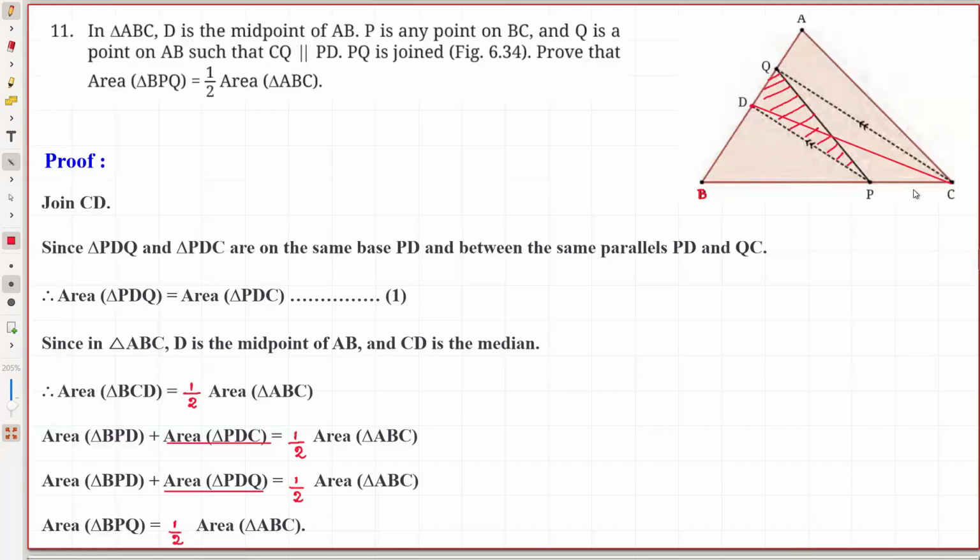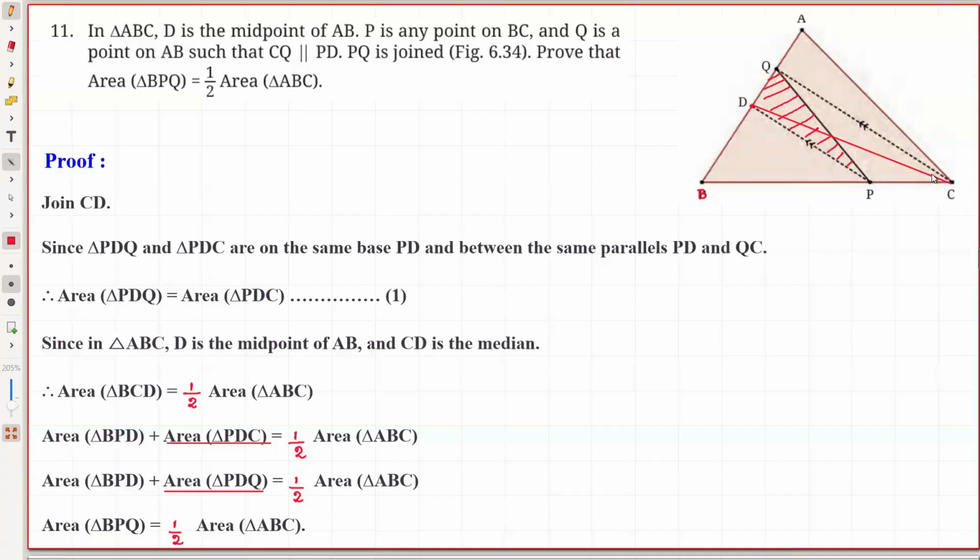Once again, I'll explain from the first. The diagram is given. We have to prove that this portion BPQ is half of the area of the big triangle ABC. For proving this, I am doing a construction. Join CD.